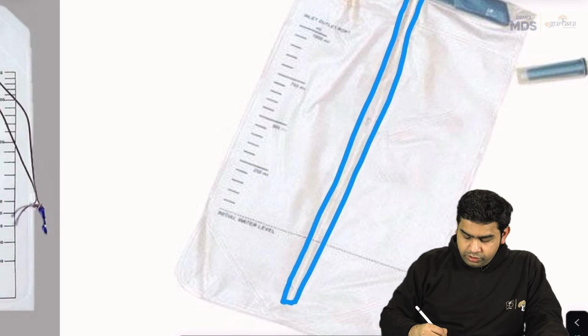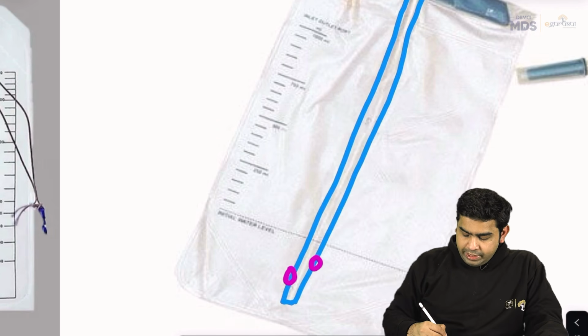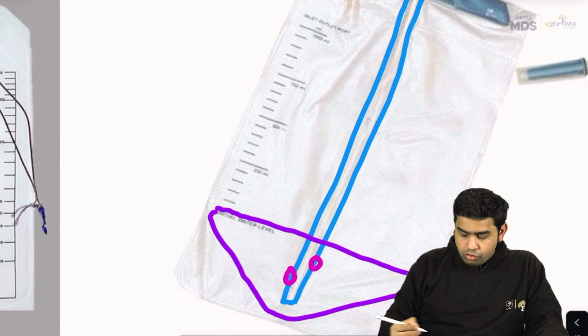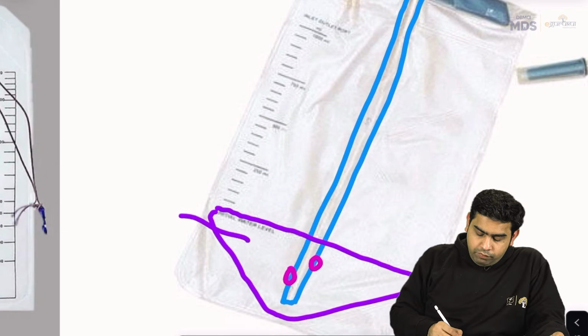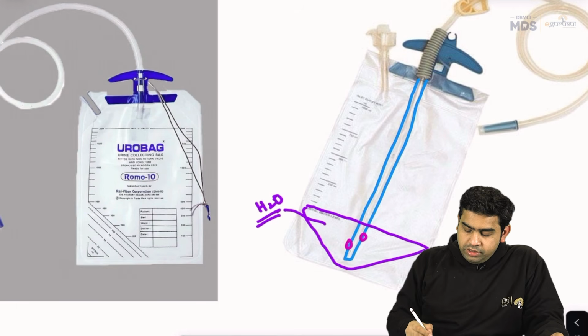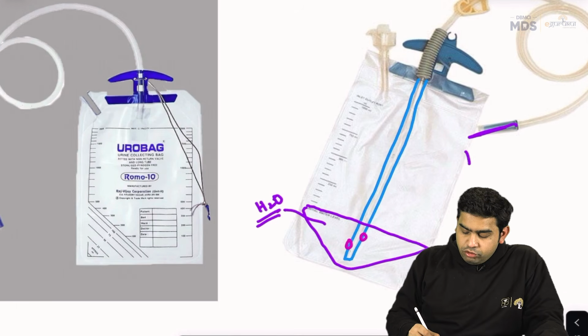At the end of this tube, you have a couple of holes. Are you able to appreciate this marking? There's a marking, and this is like a V-shaped structure. So what you basically do is put water over here, H2O. Perfect. So this end of the ICD bag is attached to the ICD tube.